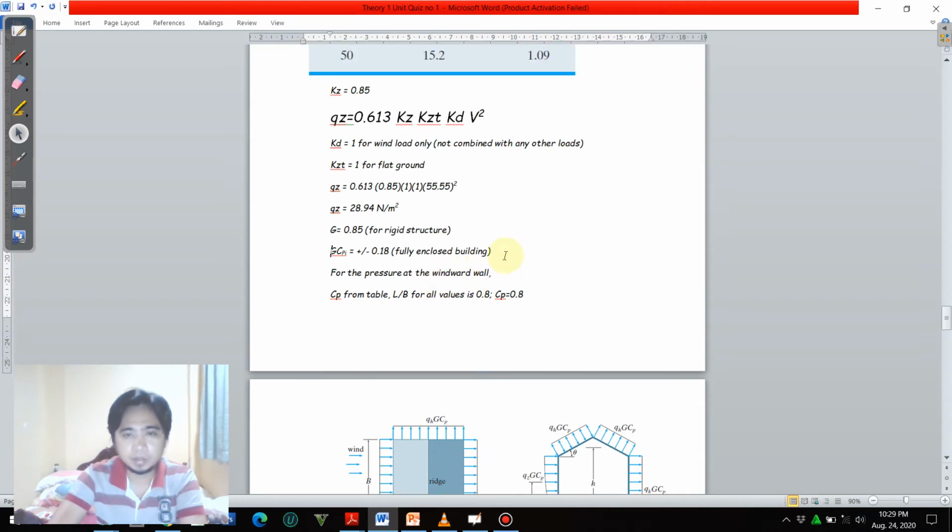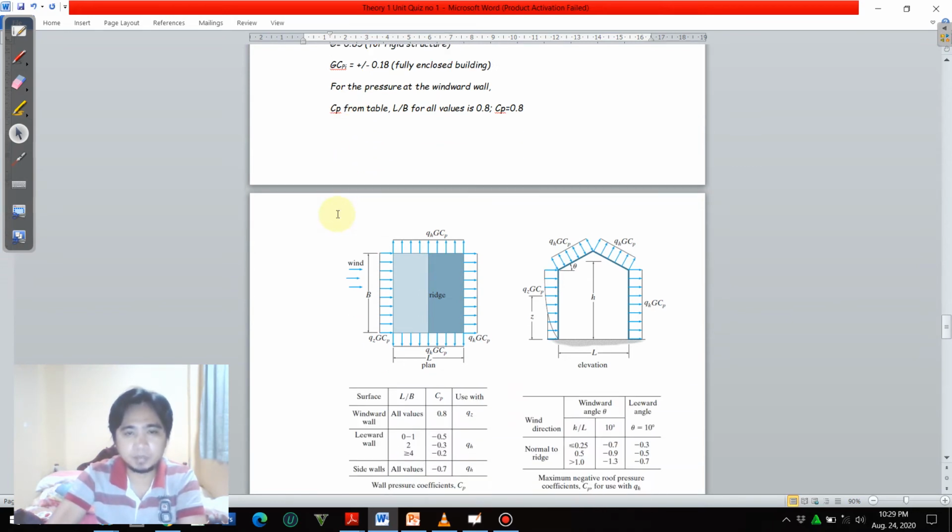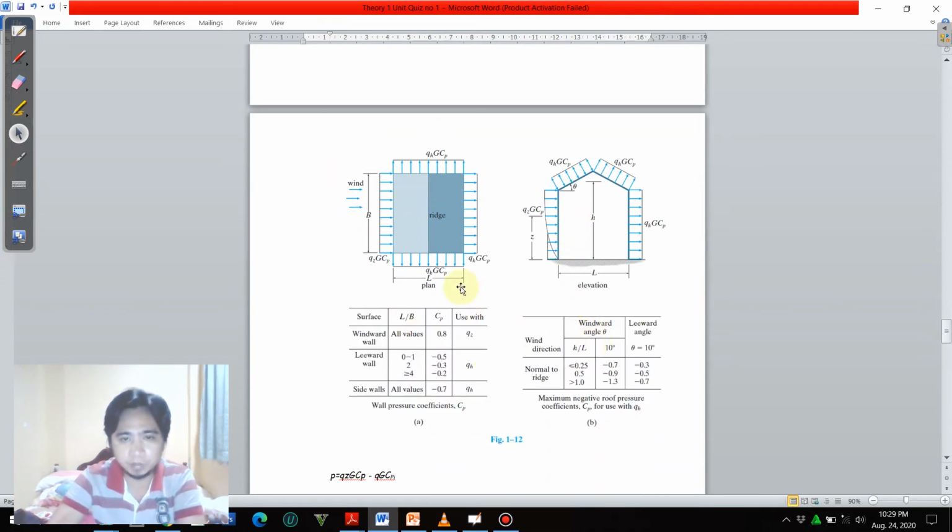Now for the pressure, we first proceed to the windward wall. This time we are going to refer to this Figure 1-12. Again, this table is for the wall, and the right portion is for the roof, because it includes the angle here. In this one, the criterion is L over B to come up with the CP, and for the roof, H over L together with the angle.